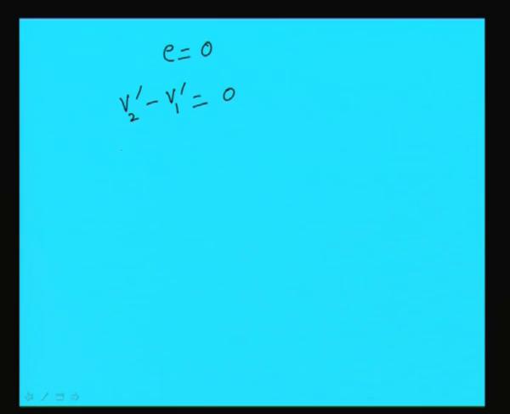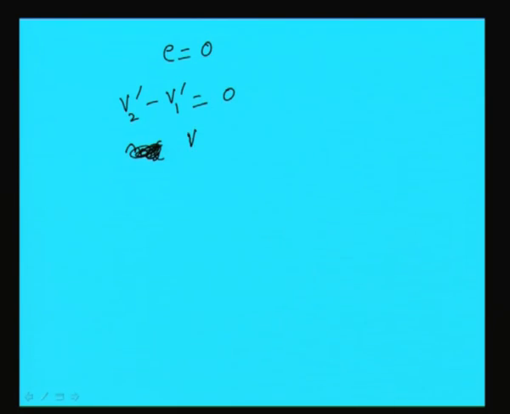So therefore, what happens in this case: suppose the two particles are of the same mass. Just to simplify the situation, I am taking the two particles of the same mass m.